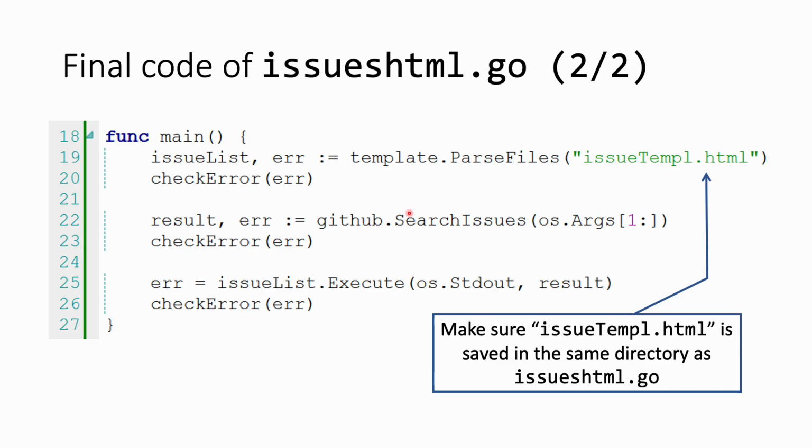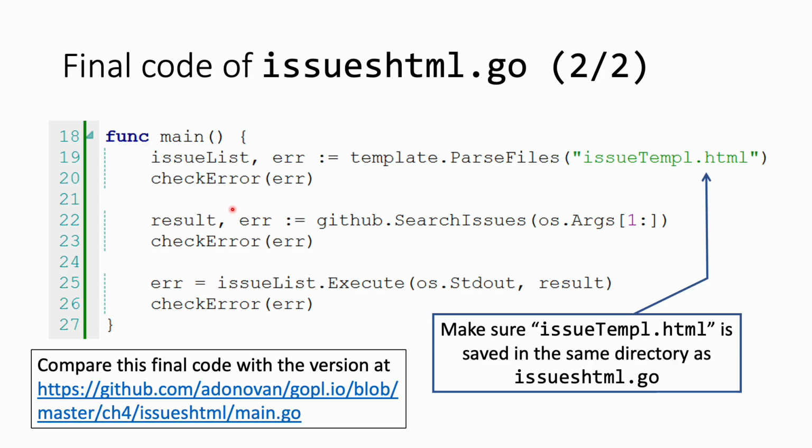So this part is unchanged. You can also compare this final code with another version, at this link. So that is the original version. You can see this. There's another way to implement the same program.